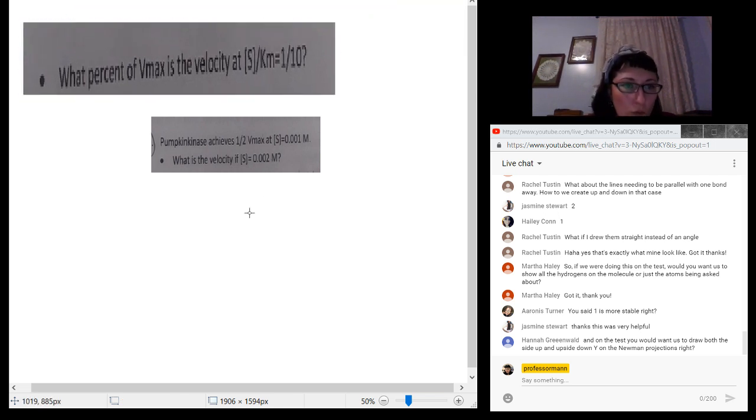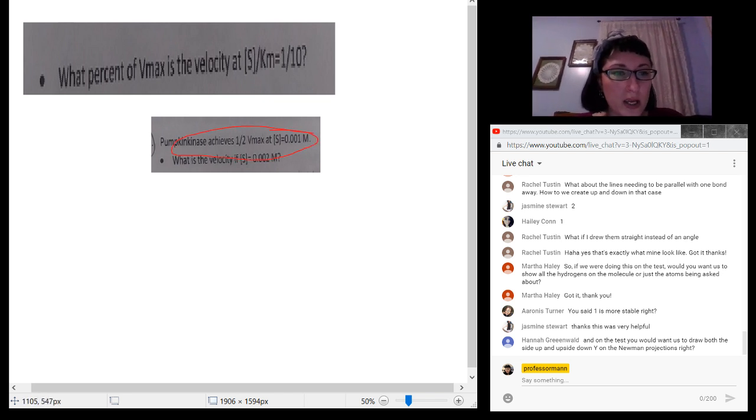Okay, so 1/2 Vmax at substrate equals 0.001. So essentially, what are we asking? What information is that going to be?